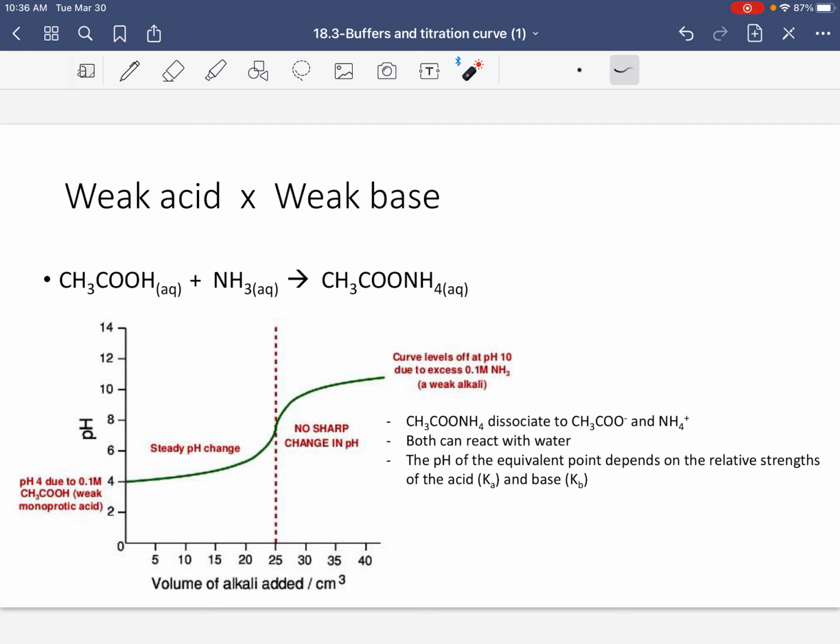It all depends on the Kb of this and the Ka of that. Okay? It all depends on the Ka of this or the Kb of this, because they're going to be different. They're always going to be different.